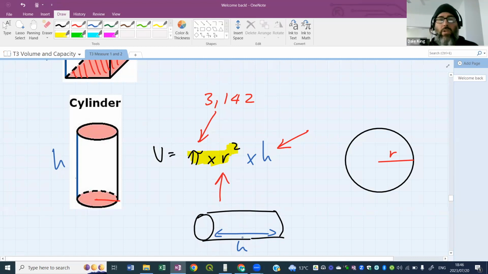So what people often do is change the name of it. In this question they called it a length, because it's long and horizontal. They called it L instead of H. It's the same thing, just that they've toppled the cylinder over.